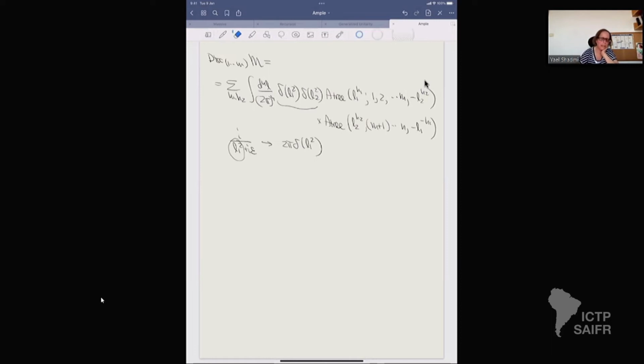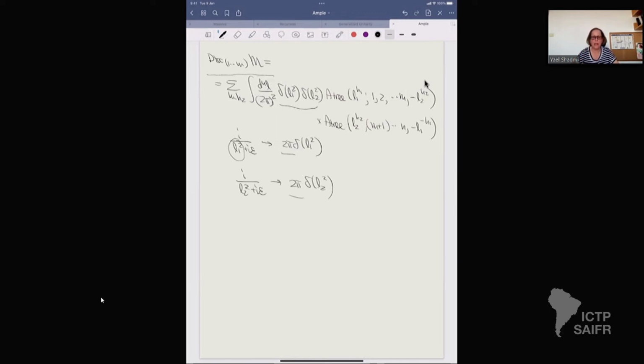So this happened for each one of the two cut propagators. We replace this guy by 2 pi delta(L2 squared). And this is the thing that gives us the discontinuity in the amplitude. I wasn't careful about my 2 pi's, because there's a 2 pi coming from here and one coming from here, so this should have been 2 pi squared. So this is the standard expression for the discontinuity of the loop amplitude.